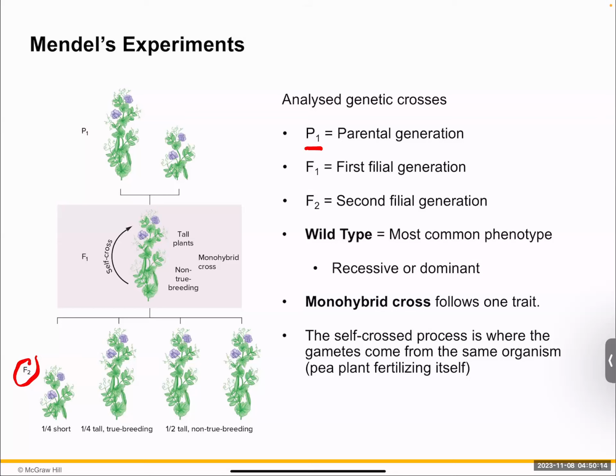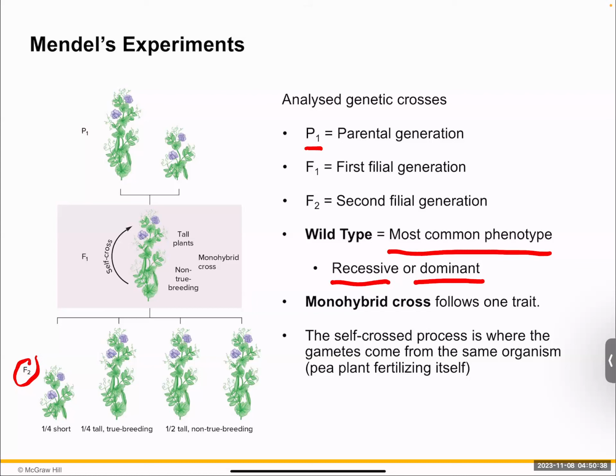Now, wild type, which is going to be the most common phenotype, can be both recessive and dominant. And wild type is basically what we're going to see, again, most commonly within your environment, or it would be the trait that, if you look at a general population, is the most common phenotype in that population.